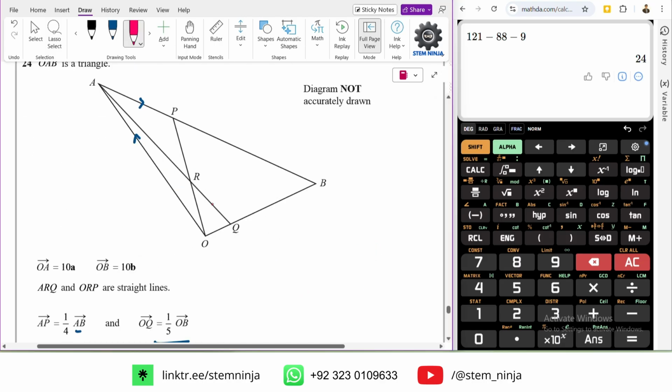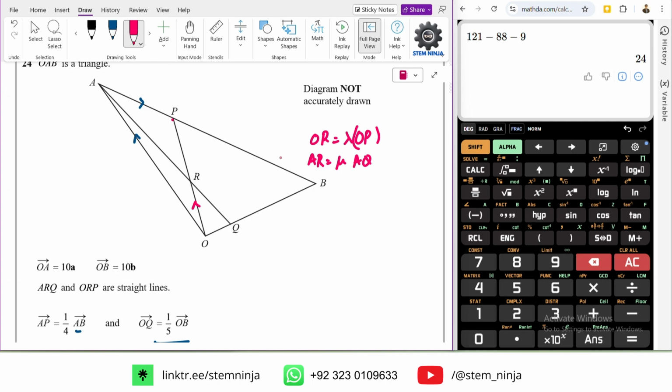To find this out, you have to remember that OR is some scalar multiple of OP, and AR is some multiple of AQ. Right?